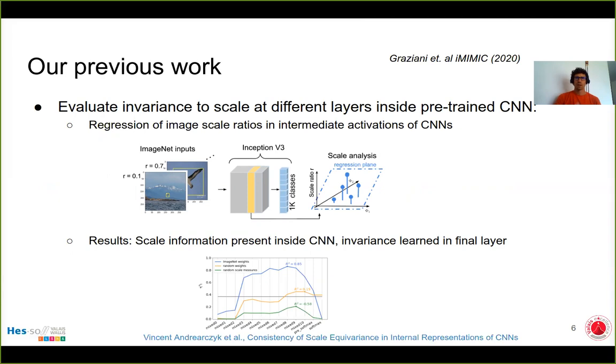We regress these scale ratios in different intermediate layers and evaluate the regressions. The results showed that scale information is present inside the CNN and invariance is learned in the final layer. You see the blue line is the determination coefficient for the regression trained on the pre-trained network.